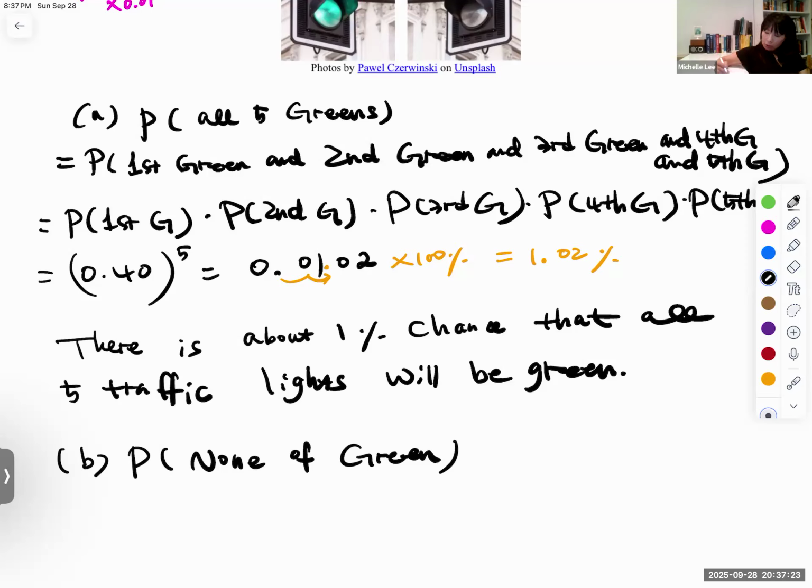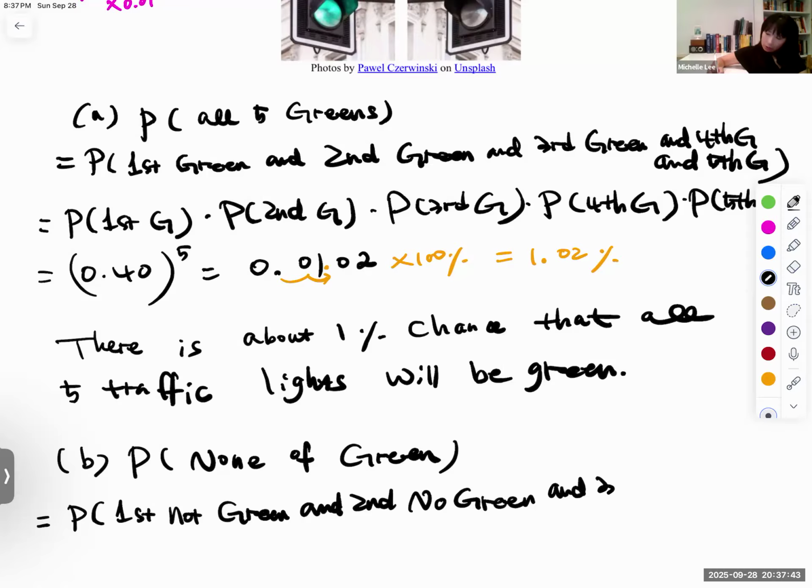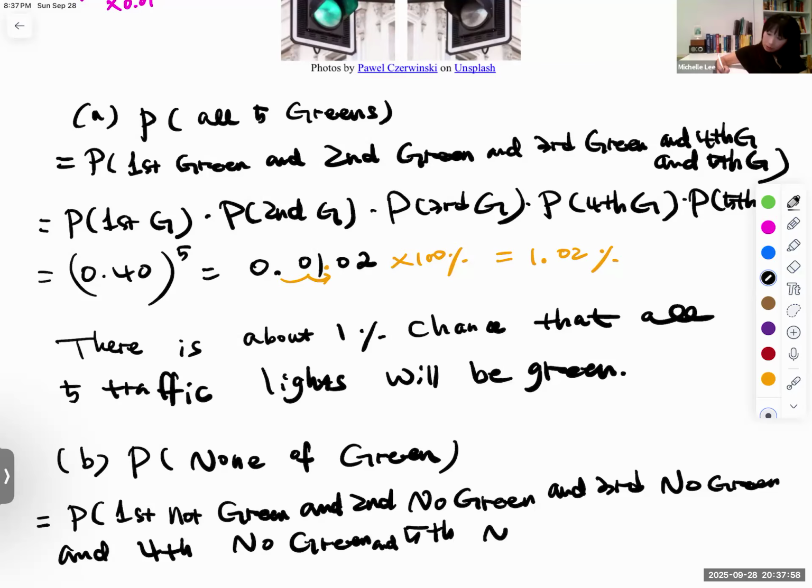Okay, so that means the first one not green, right? And second one no green. And third one no green. And fourth one no green. And fifth one no green, right?